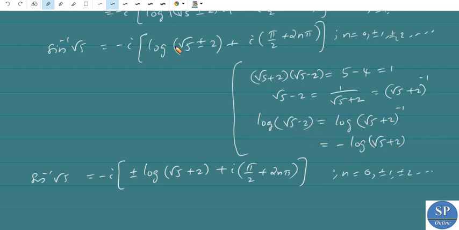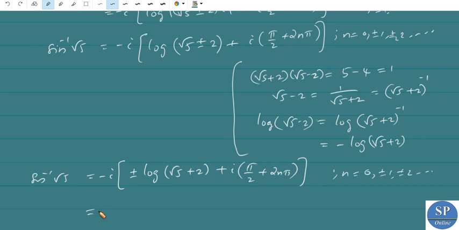So we need only use root 5 plus 2 and plus or minus. Either it will be log root 5 plus 2 or log root 5 minus 2, which is minus log root 5 plus 2. So we can write like this.